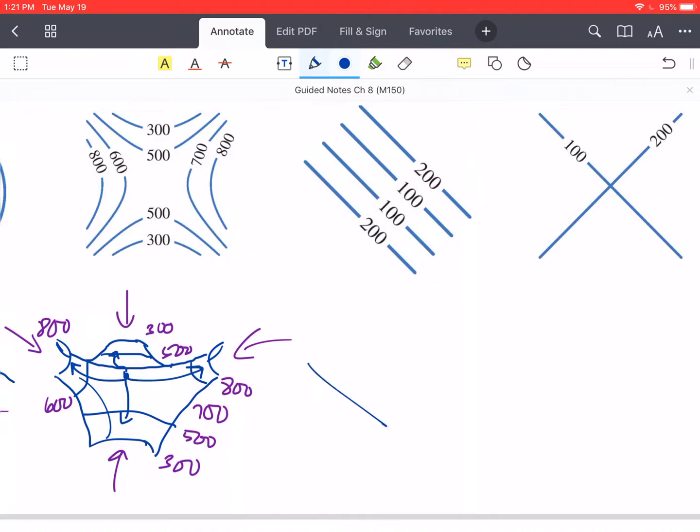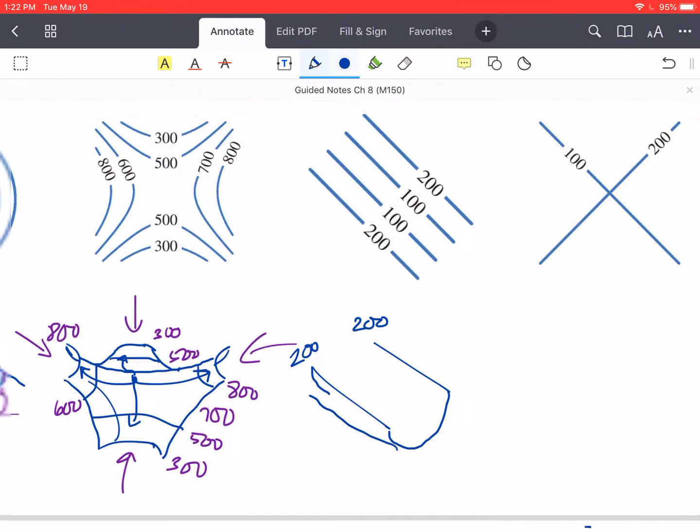So let me put the 200s in first. 200 and 200, and then it's going to dip. As you can see, drawing these is not the easiest thing in the world.